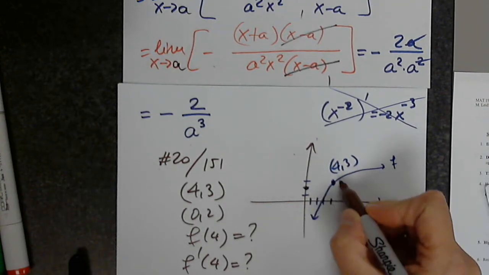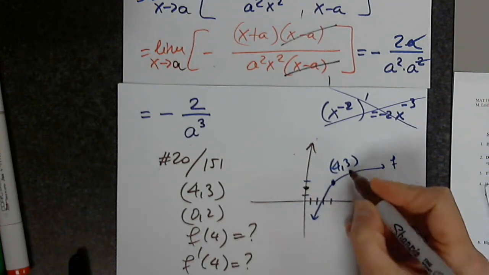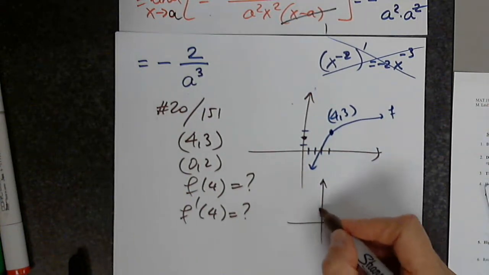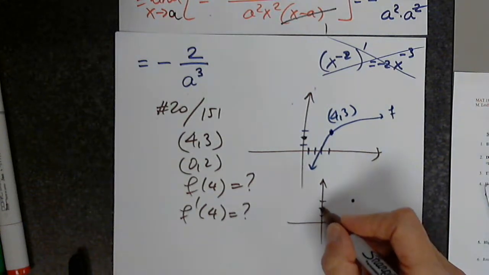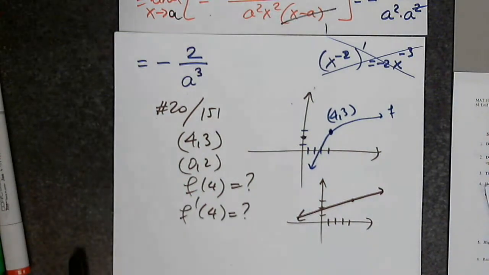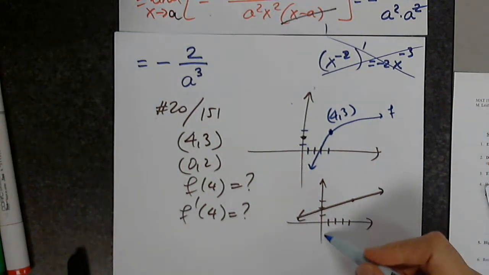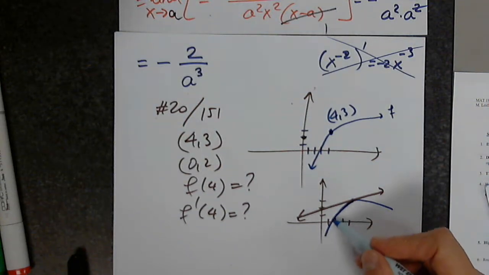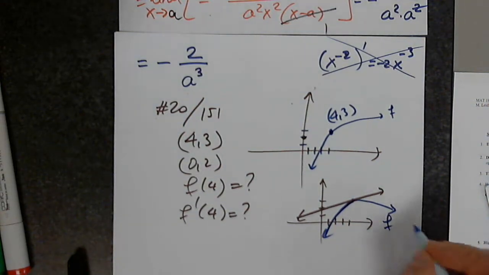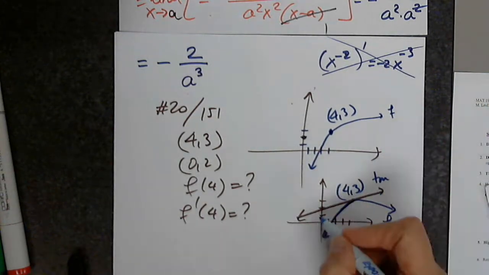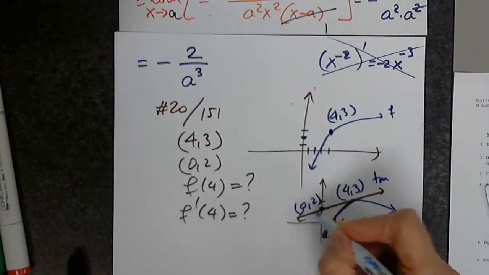So my graph is not perfect, so I'm going to redo it. So 0, 2, 1, 2, 3, 4, 3. This is the tangent line. And now I'm going to fake the function. So this is my function, and this is the tangent at 4, 3. And this is the point 0, 2.